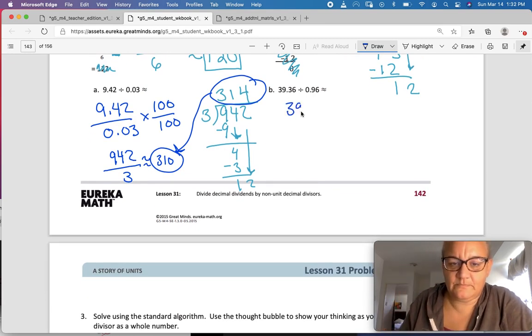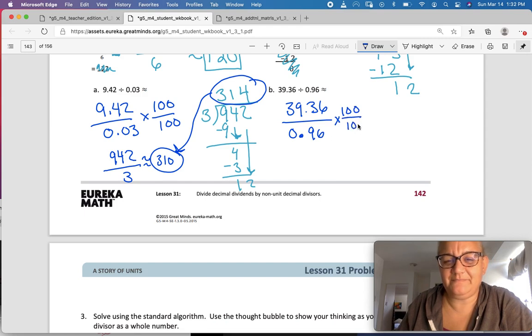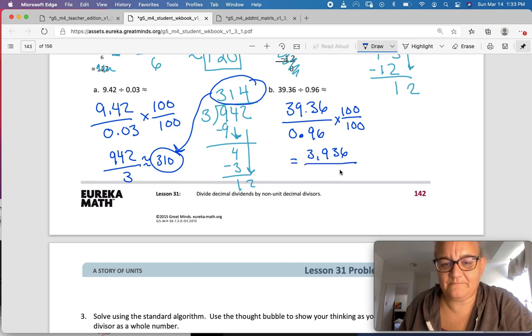39 and 36 hundredths divided by 96 hundredths. And I'm going to multiply by 100 over 100 to change my problem to 3,936 divided by 96.